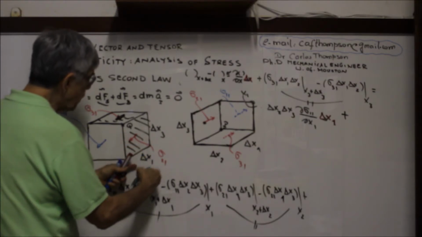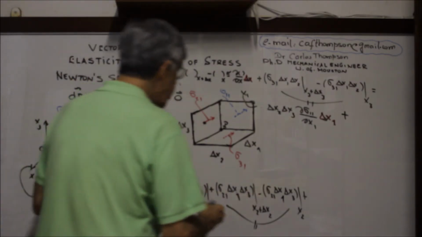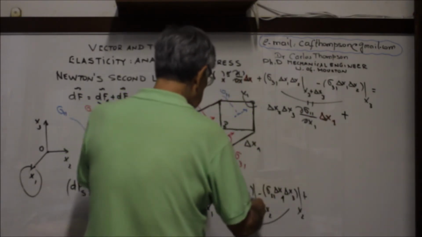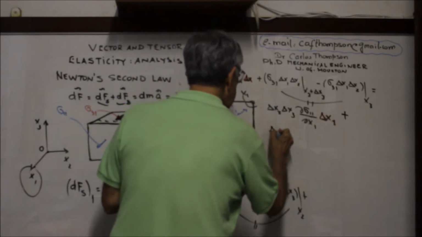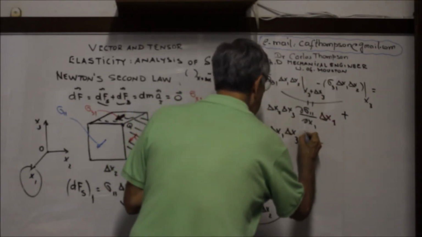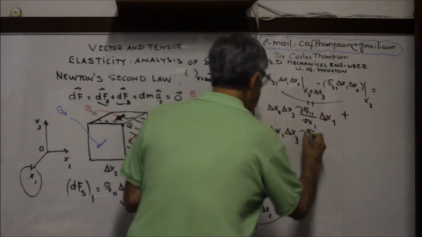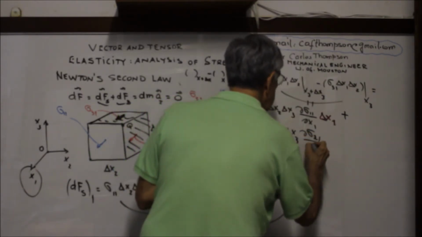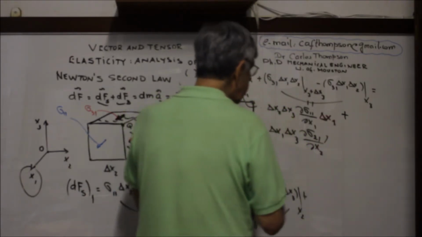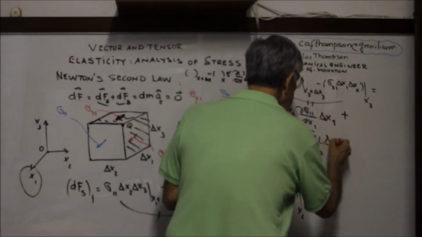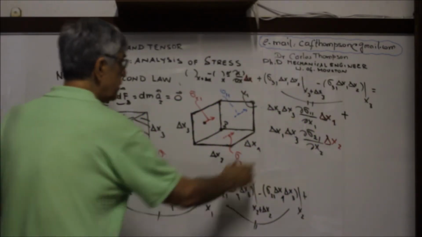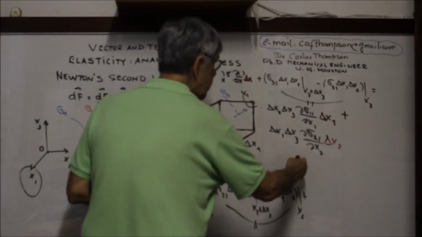Plus, the second term will be delta x1, delta x3 times the partial of sigma 2,1 with respect to x2, times delta x2. Don't forget that. I combined these two terms here.